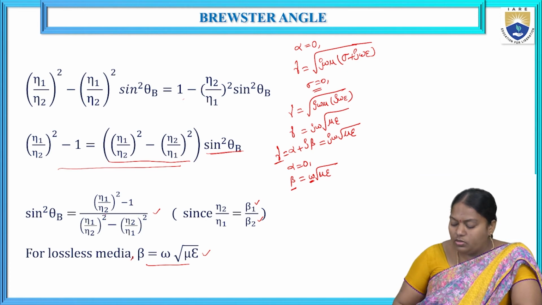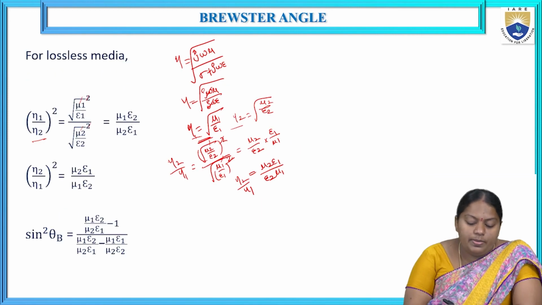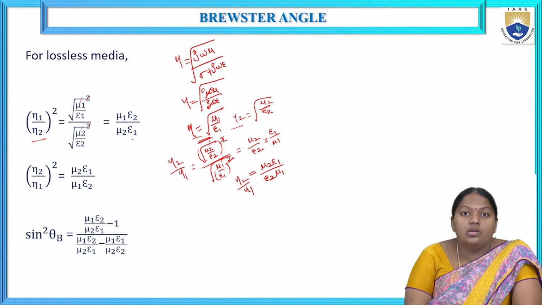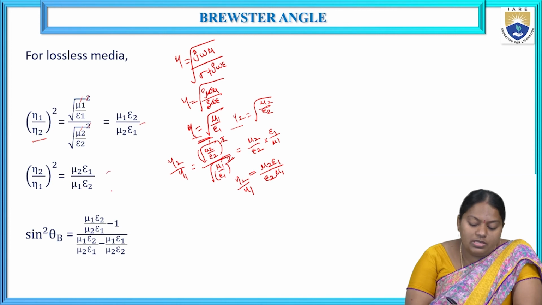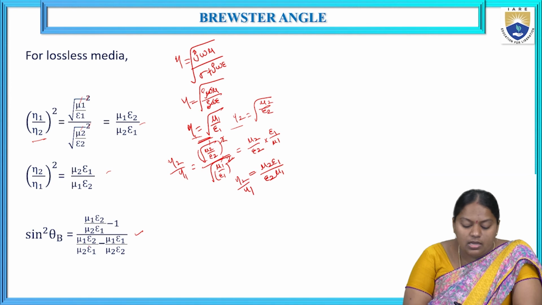Substituting those two ratios here, sine square theta b equal to mu 1 epsilon 2 by mu 2 epsilon 1 minus 1 by mu 1 epsilon 2 by mu 2 epsilon 1 minus mu 1 epsilon 1 by mu 2 epsilon 2.